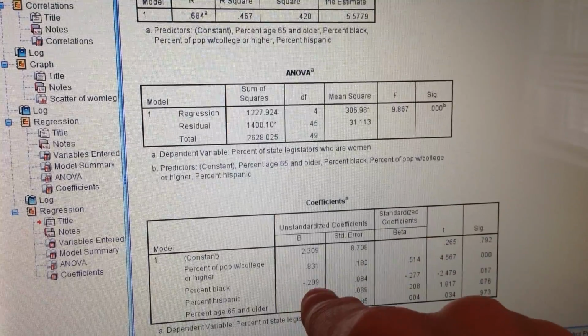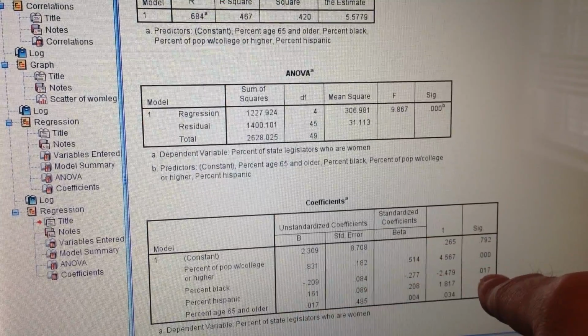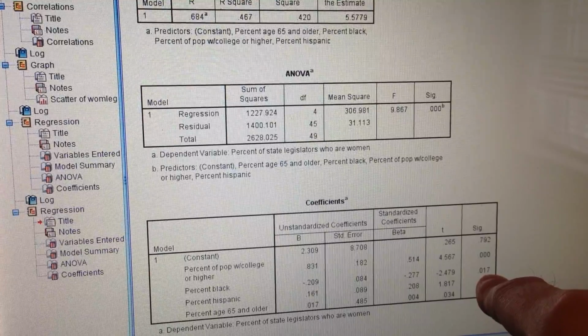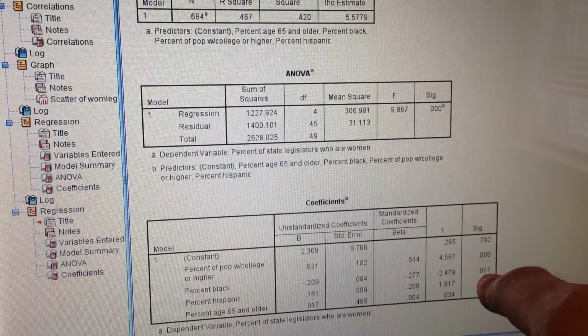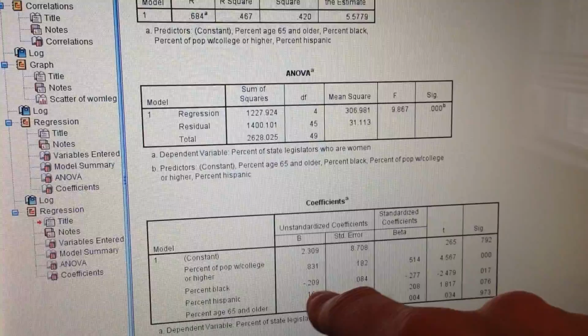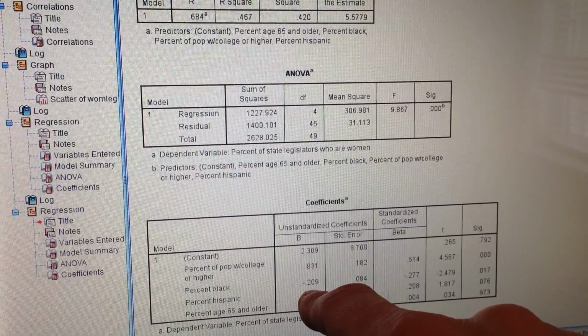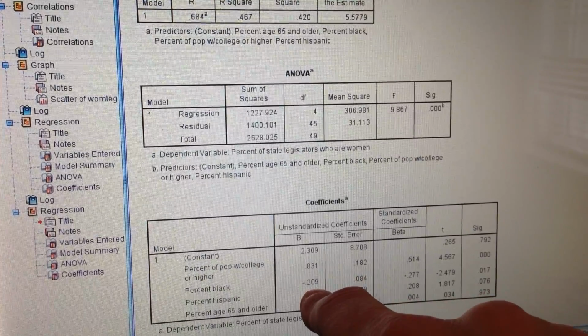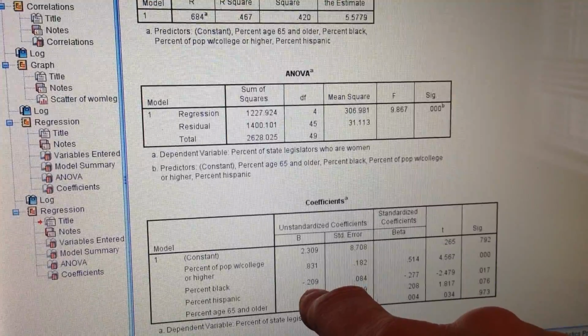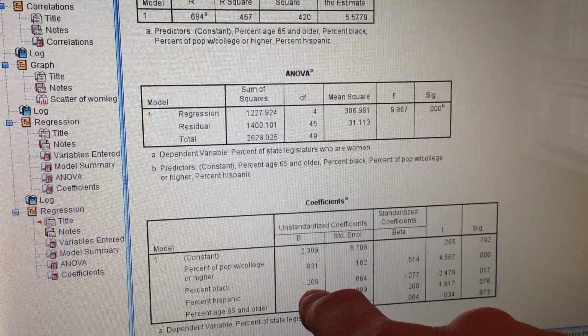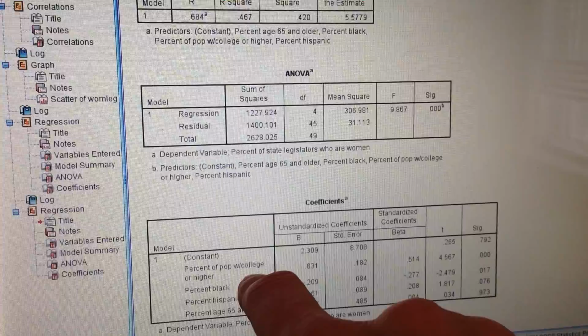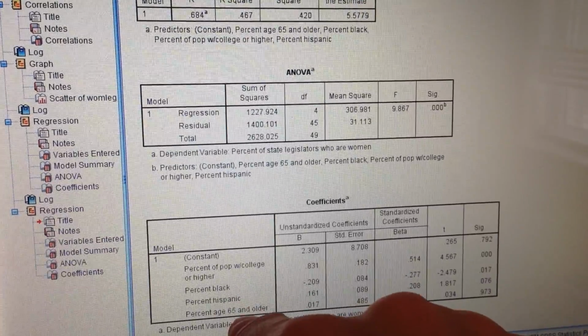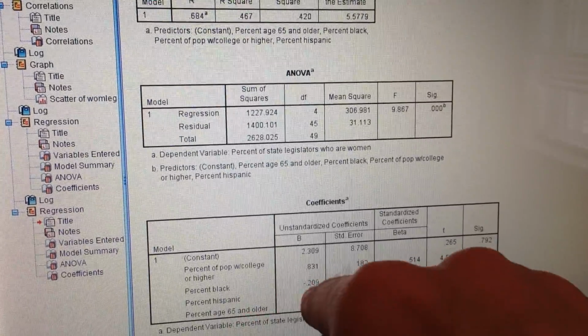So let's look at this percentage Black, all right? First thing we got to do is look at the statistical significance. Okay, hey, look, it's statistically significant. Yay! Then we look at this unstandardized coefficient. What this is telling us is that when you create an experimental situation of 2 states, you control for college, Hispanic, and age 65 or older, right?